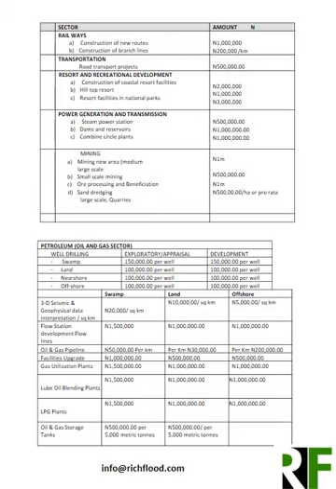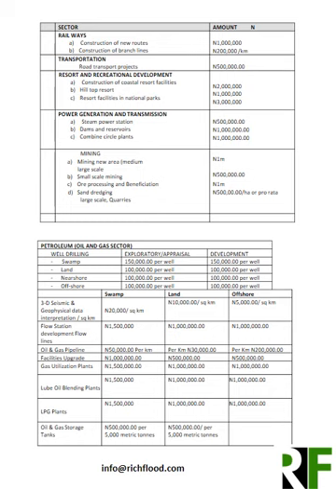Okay. Then under gas utilization plants, you have 1.5 million naira for swamp, 1 million naira for land, and 1 million naira for offshore. Then under lube oil blending plants, you have 1.5 million naira for swamp, 1 million naira for land, 1 million naira for offshore.